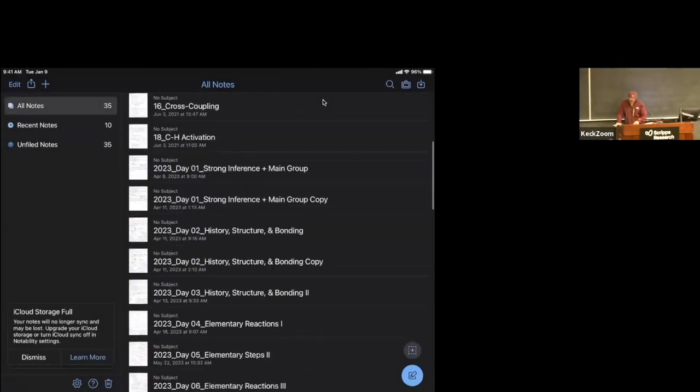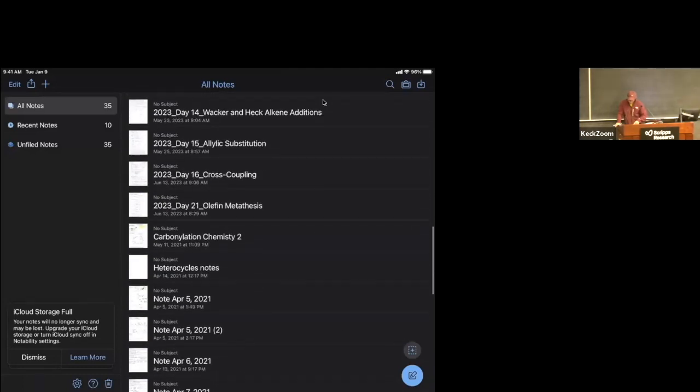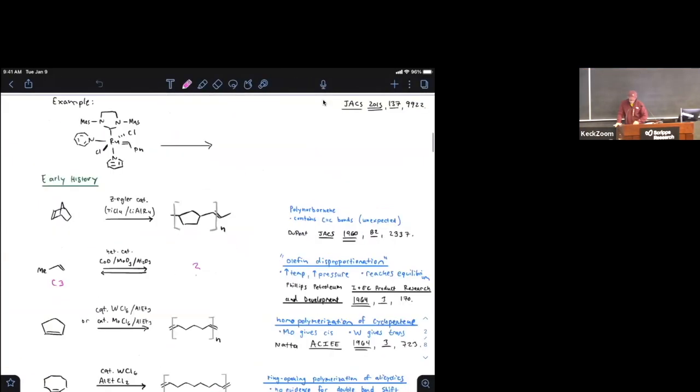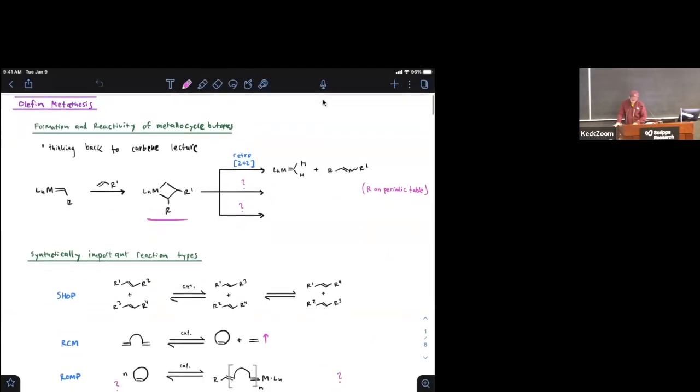Okay, let's call that a wrap then for cross-coupling and C-C and C-heteroatom bond formation. Let's shift gears now and discuss olefin metathesis.